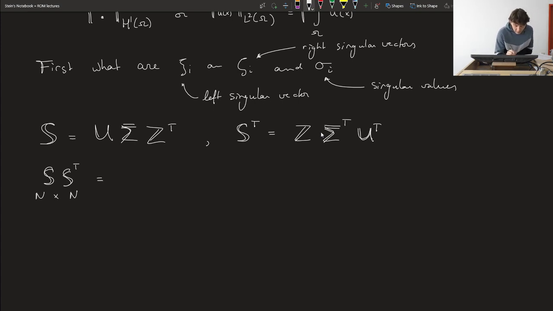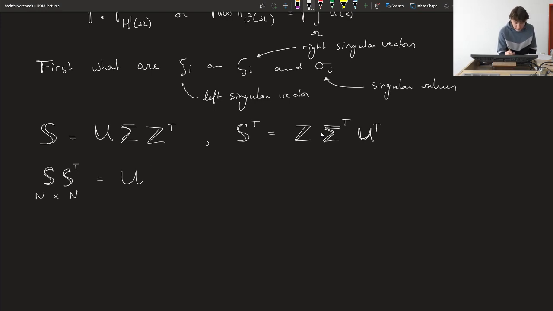So this is the multiplication of this U. And forgive me, but from now on, I'm not going to try and write that all in this double case. That's going to be very tedious. I hope that it's clear that these are all matrices. And probably I'll maintain doing that with the S because I don't want to make the disconnect with the set of solutions as opposed to the snapshot matrix. But for U, the sigma and the Z, I'll stop with that.